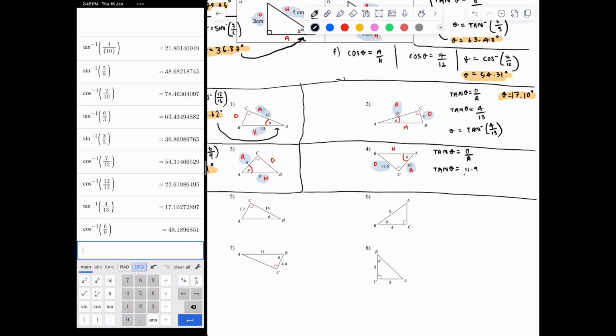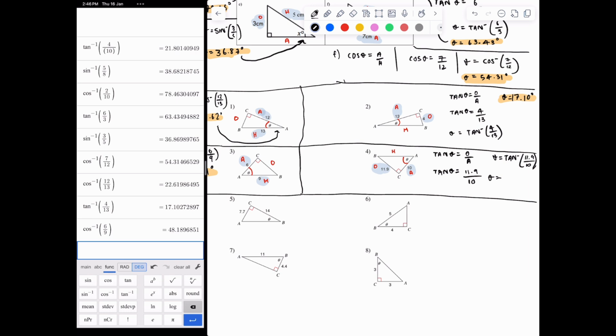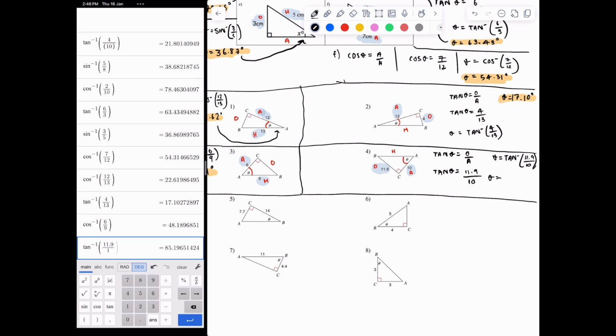Substitute those values that we've been given into that equation. You get 11.9 over 10. Enter that into your calculator. So 11.9 over 10.